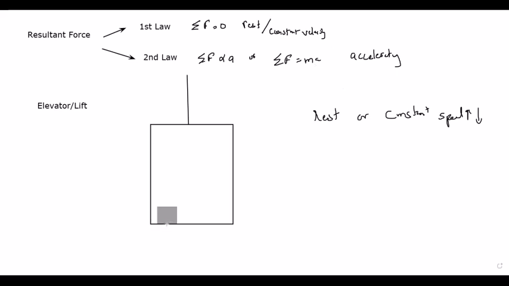If you draw the free body force diagram, the weight of the object is acting downward, and the normal contact force, the force from the surface, is acting upward. And in the same way you have another object which is attached with a spring.